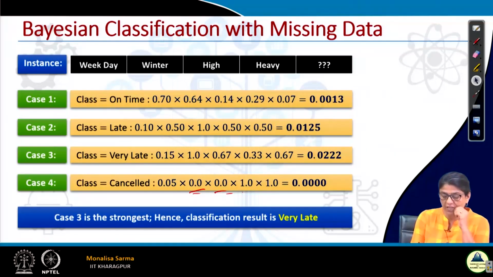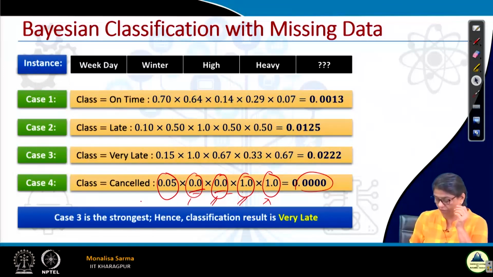You see here, there is the prior probability and these 4 posterior probabilities: one for day, whether it is a weekday, Sunday or holiday, another for season, another for fog, another for rain. For day and season we got 0, but we have representation for fog and rain. But just because of this 0, our whole class conditional probability became 0.